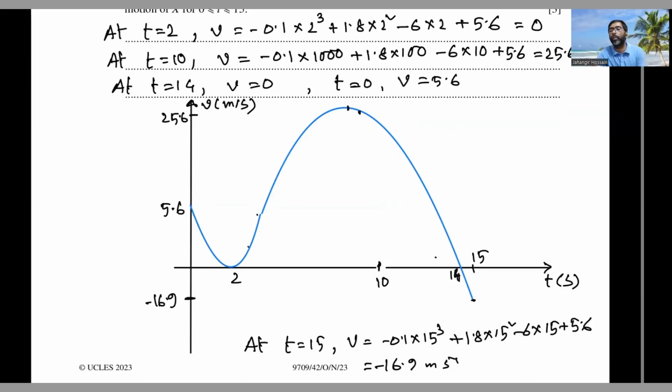You can also calculate the distance traveled between 0 and 14 directly, because in between the velocity is not negative. Velocity becomes negative after 14. So during the interval 14 to 15, you have to calculate the distance traveled separately.